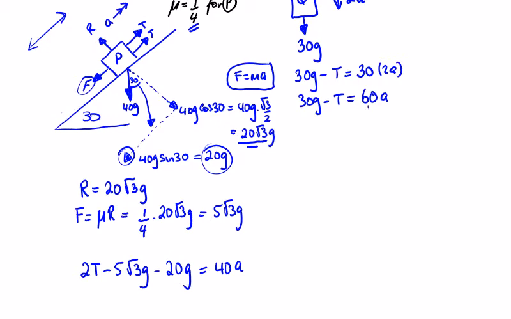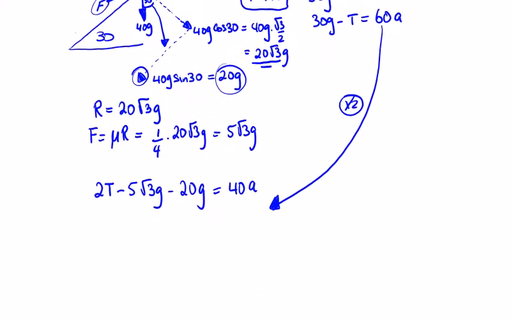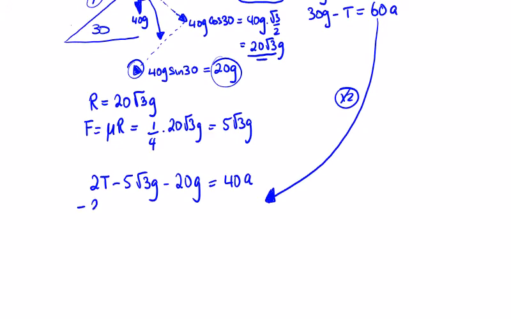We bring this second one down. And well, we want to get rid of the T, so let's multiply this one by 2. So we're going to get minus 2T plus 60G is equal to 120A.